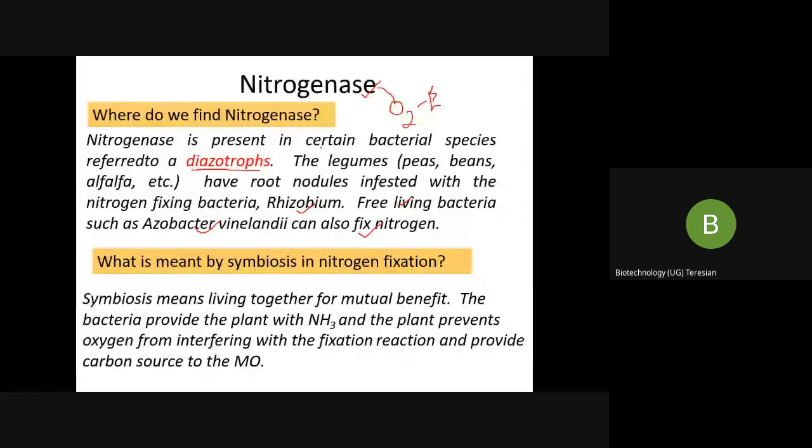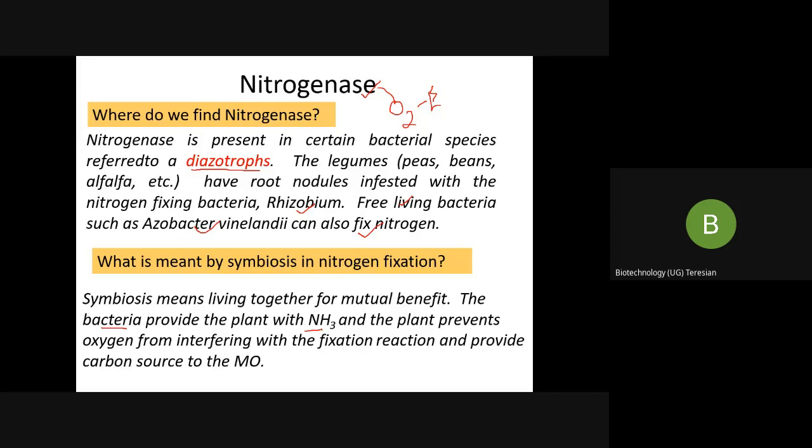So this also we have already answered. What is meant by symbiosis in nitrogen fixation? Symbiosis means living together for mutual benefit. The bacteria provide the plant with ammonia. Who's producing it? Your bacteria. We saw that in the nitrogenase enzyme. The bacteria will provide the ammonia to the plant, and then it gets converted to nitrite and nitrate.